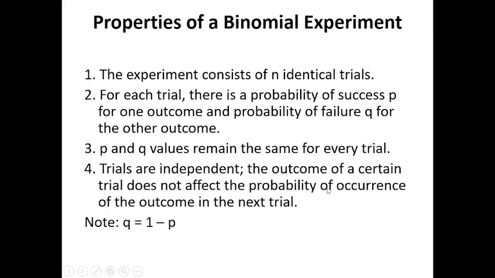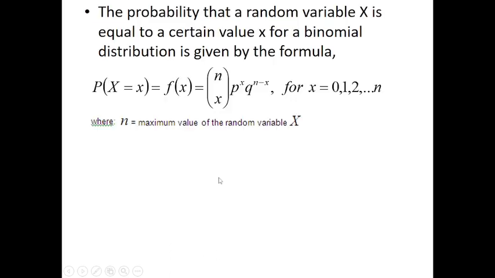So note that q is equal to 1 minus p. And the probability that a random variable x is equal to a certain value x for a binomial distribution is given by this formula.